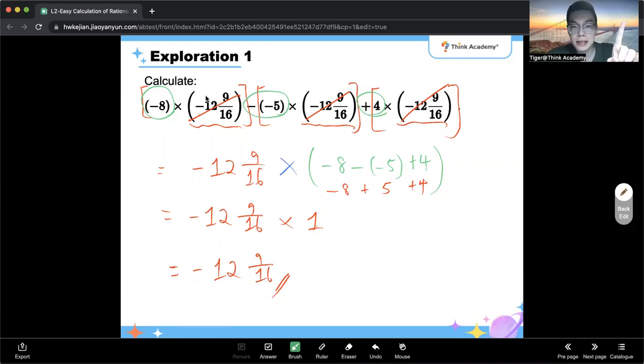That's it. The second step is circle all the remaining numbers together with the addition or subtraction signs and put all of them into a bracket. The third step is to multiply the bracket and the common multiplier. That's how you can get the answer for these type of questions.